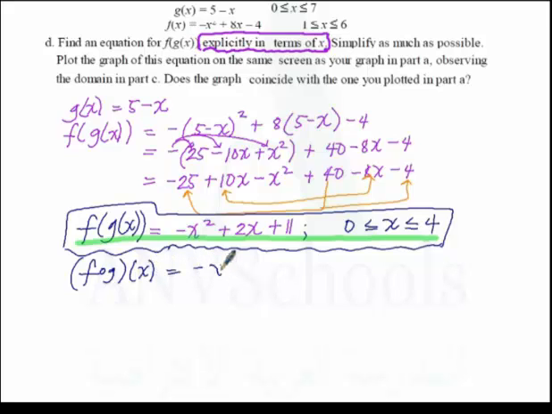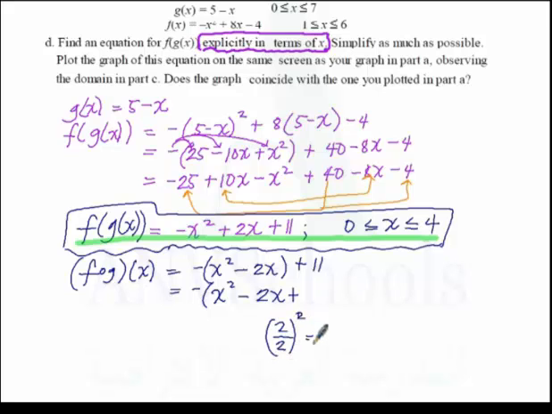negative x squared plus 2x plus 11. We want to complete the square for this part. So we put the negative outside, which means we also have to make this negative. To complete this square, we divide the middle term by 2, so 2 divided by 2 and then square it.